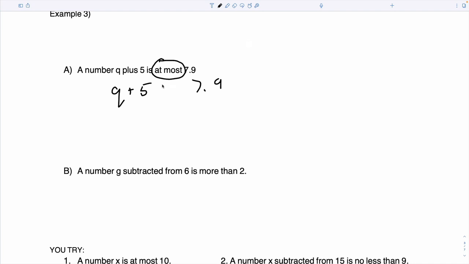Okay, let's test it out. So I can have at the most 7. So I say, give me at most 7, but it can't be more. If it's at most 7 donuts, it would have to be 6, 5, 4, 3, 2, or 1. The most that I can have is 7. 8's just too much.